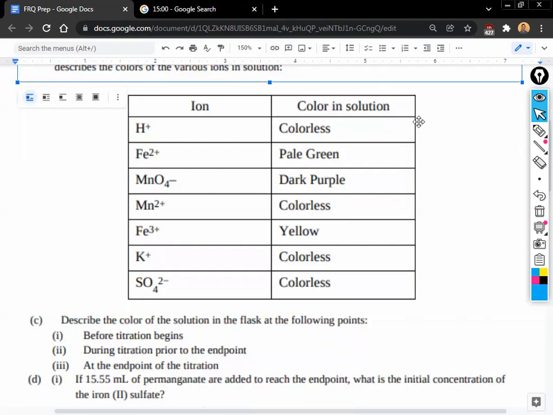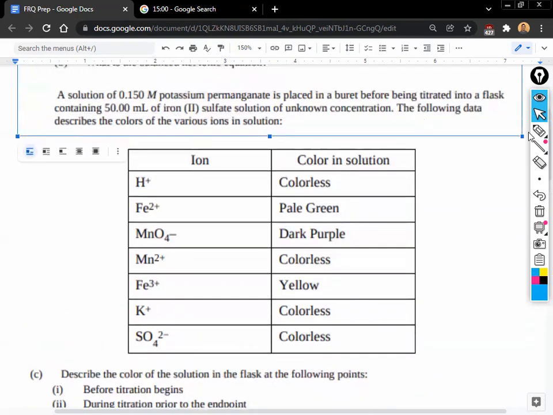Okay, so at the very beginning, before titration, we're focused on the flask at the bottom. Now it's telling us that the flask is a solution of FeSO4. Now this is an ionic compound.